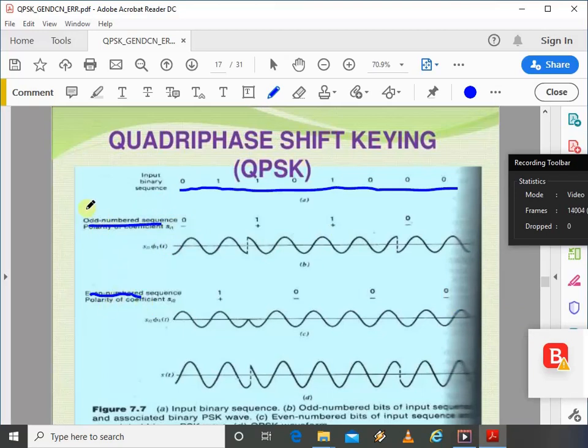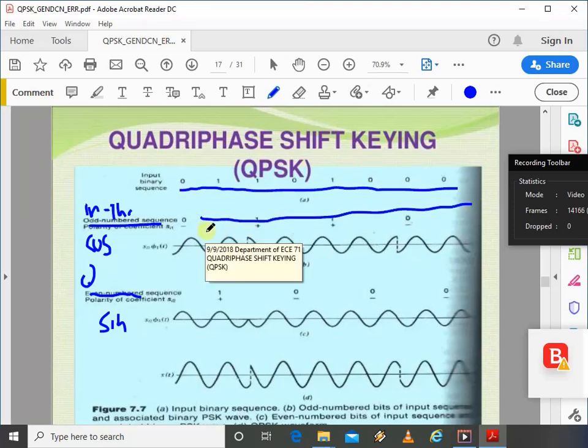The odd sequence is basically the in-phase component, and the even sequence is the quadrature component. Here we are going to use the cosine function, and here the sine function. You know that in BPSK we represent 0 and 1 using a polar NRZ encoder. 0 is represented by a rectangular pulse of negative amplitude, and 1 is represented by a rectangular pulse of positive amplitude.